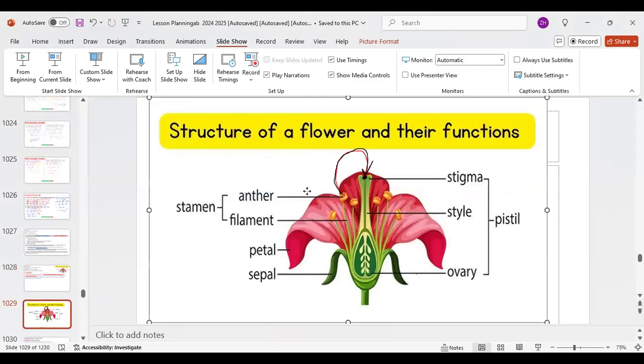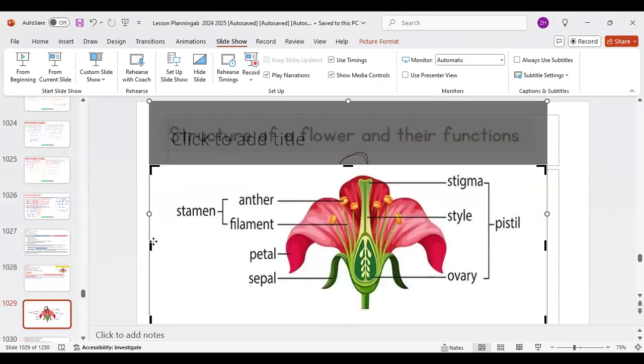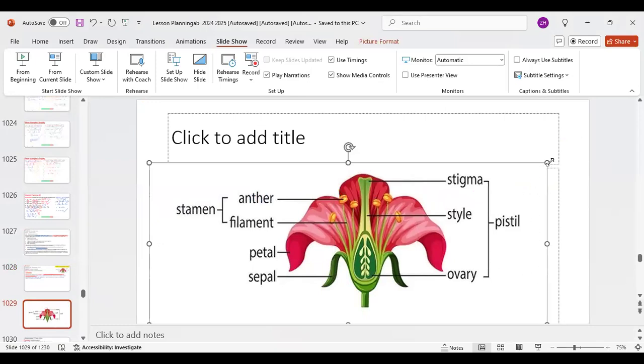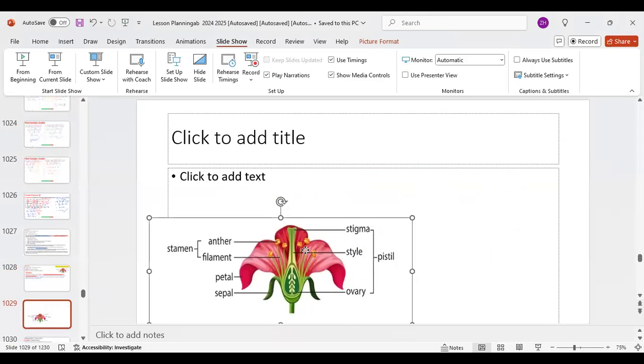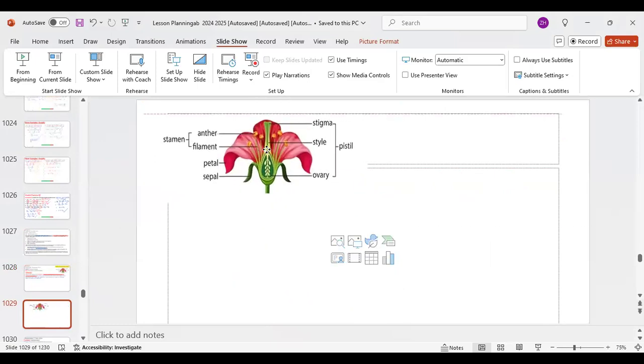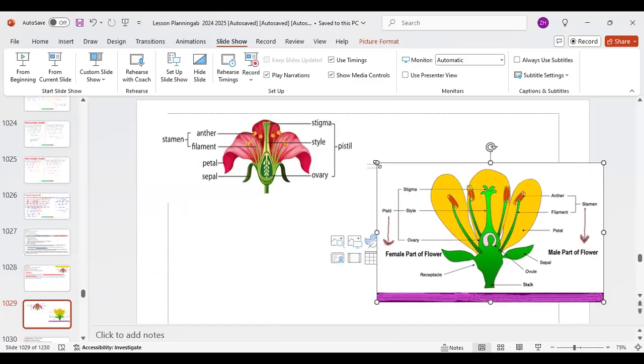Very good. Say it again, please. Self-pollination is when the pollen is carried to the stigma of the same plant. And cross-pollination is when the pollen is carried from another plant to the stigma of another plant.